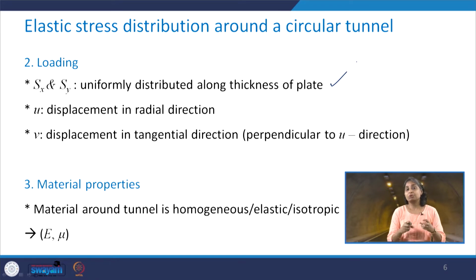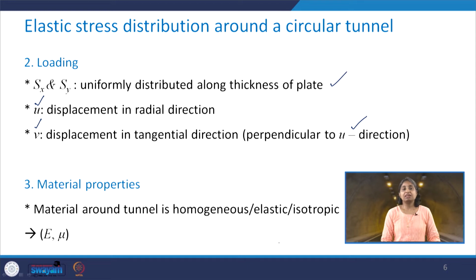Now, coming to the deformation or the displacement. In the radial direction, that is in r direction, you have the displacement which is represented by small u, and the displacement in tangential direction, which is perpendicular to u direction, is represented by v.